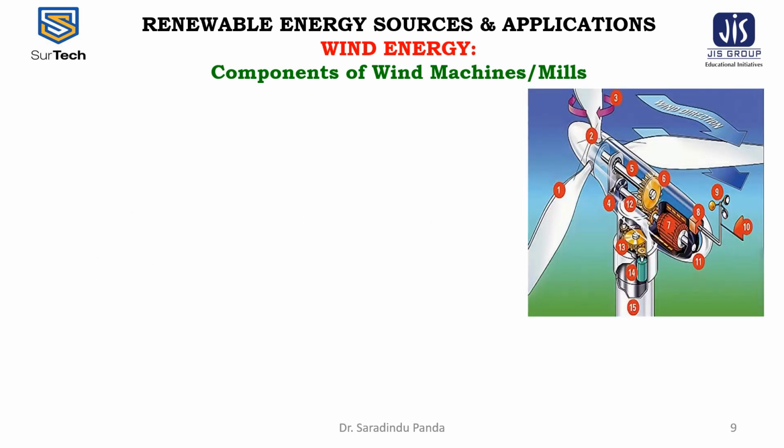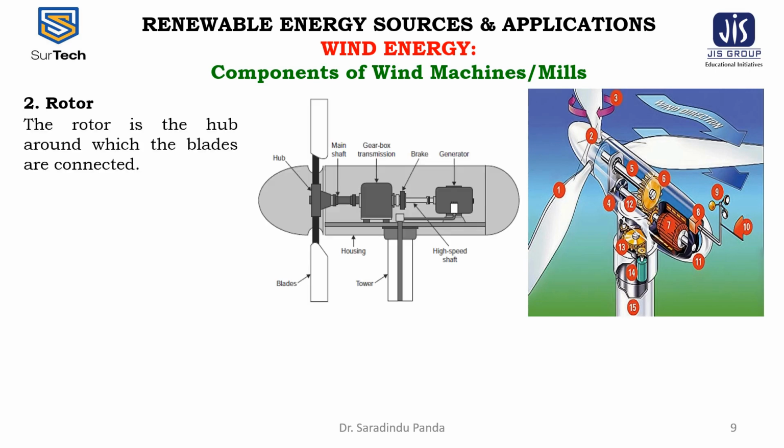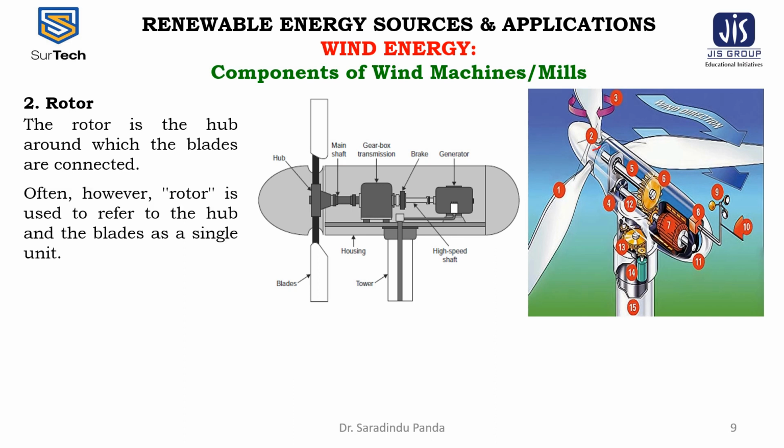Now come to the second component, that is called the rotor. The rotor is the hub around which the blades are connected. This is the rotor. Often, however, the rotor is used to refer to the hub and the blades as a single unit.